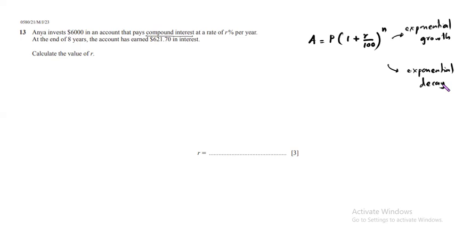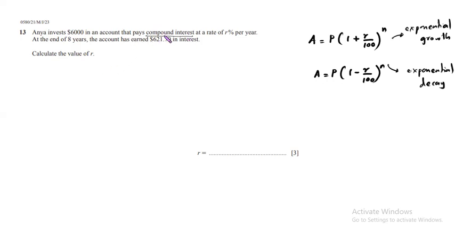If something like this is given, we can use the same formula, but as it keeps decreasing over a period of time, instead of addition, you would be replacing it with subtraction, and then we can use the same formula to do the question. So when something keeps decreasing, like an exponential decay, we would use the same formula with a minus. And when something keeps increasing over a period of time, we would use the same compound interest formula.